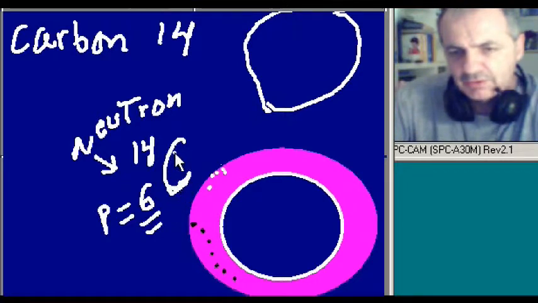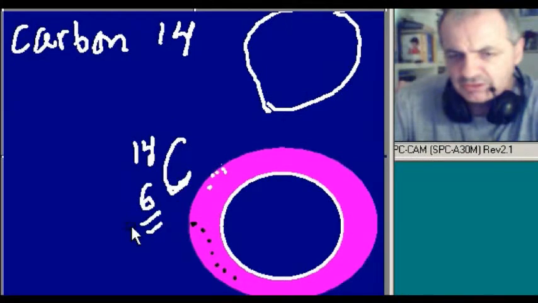Wow. So this is how carbon-14 is made. It's amazing. He's now got 6 protons. The neutron kicked one of the protons out and replaced it with a neutron. So the mass stayed the same, 14.